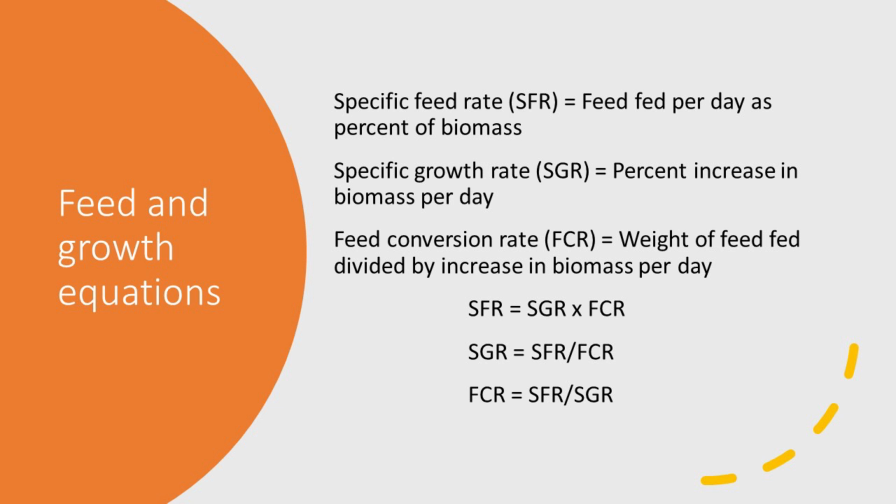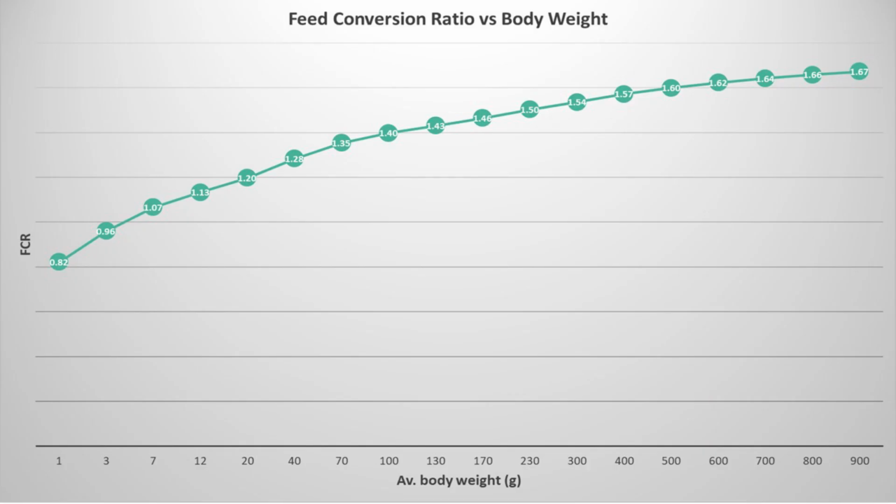Let's look first at the feed conversion ratio. This is commonly measured across a whole production cycle and quoted as a single figure. However, in reality, it gradually changes as the biology of the fish changes, as well as being affected by the accuracy of feed management. As fish become larger, the feed conversion ratio also increases, i.e. more feed is needed to achieve the same increment in growth.